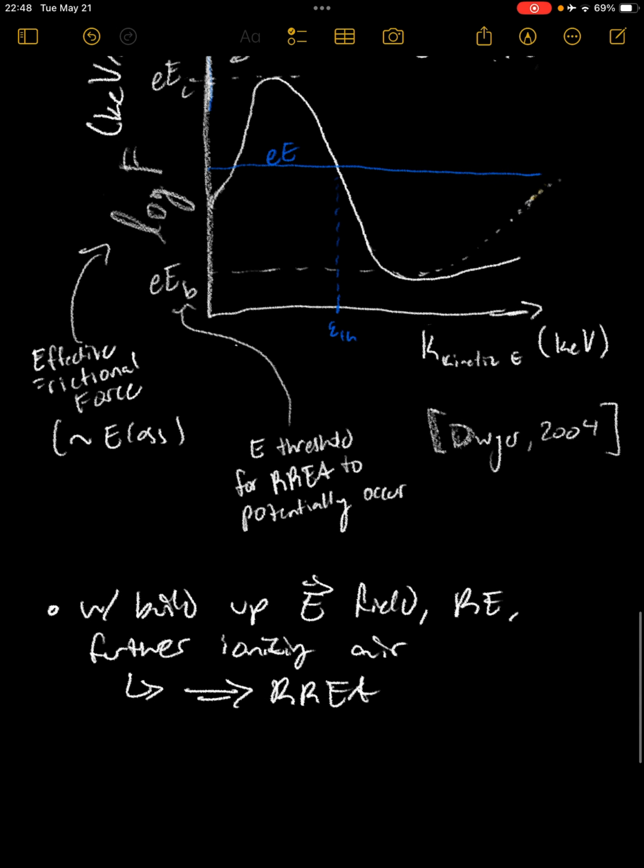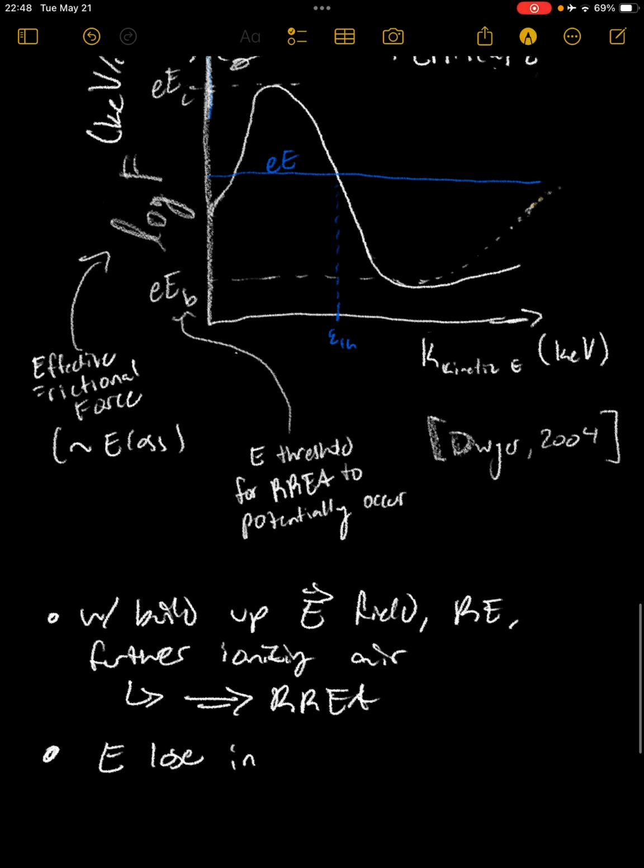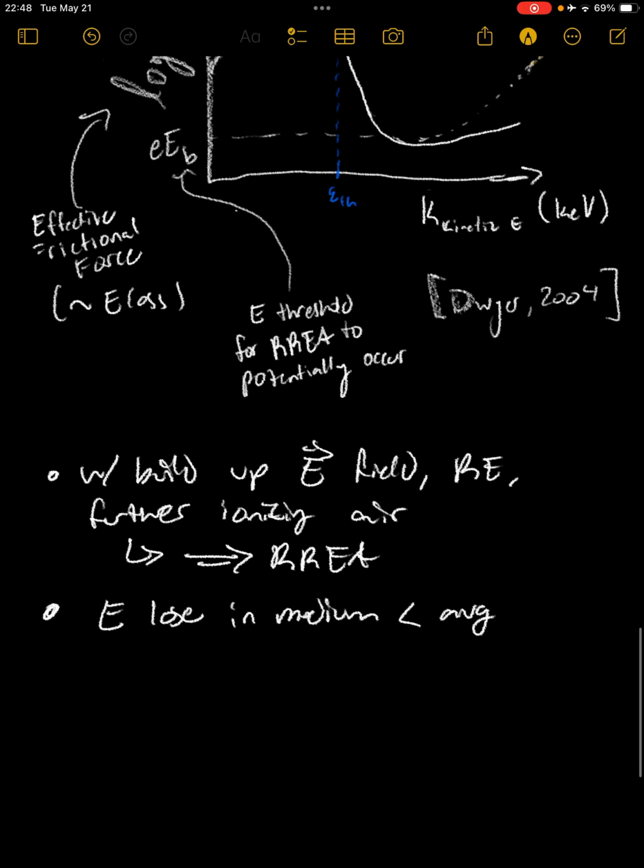For this to happen, the energy loss from frictional forces, the ways to lose energy in the medium, has to be less than the average rate of energy gain from the electric field, which seems pretty straightforward.